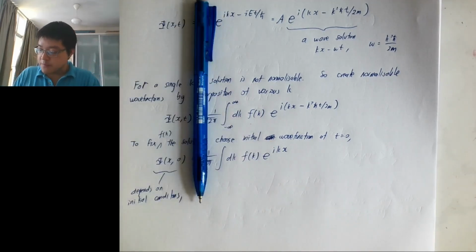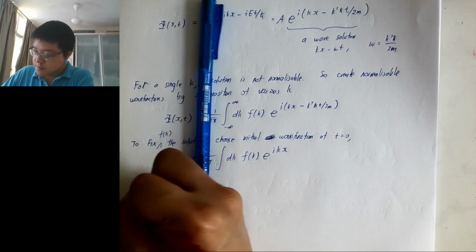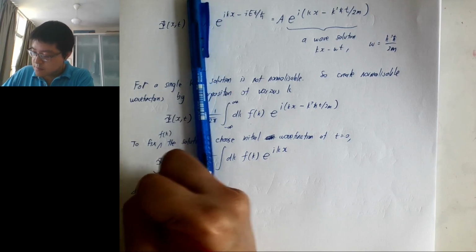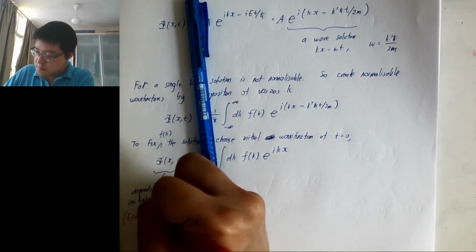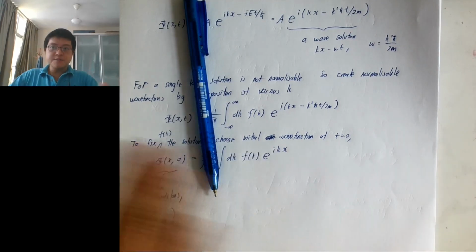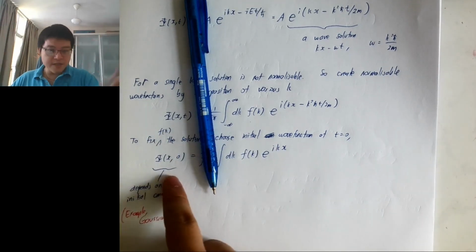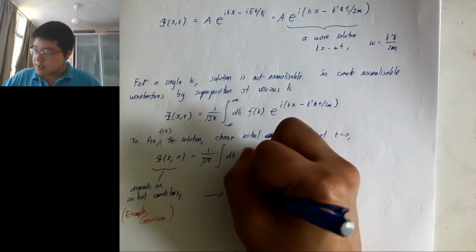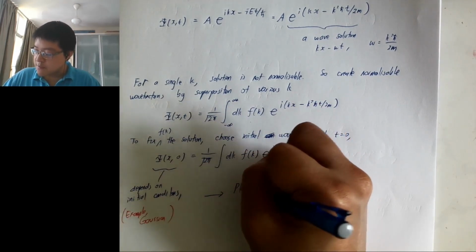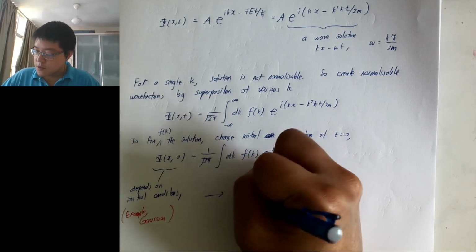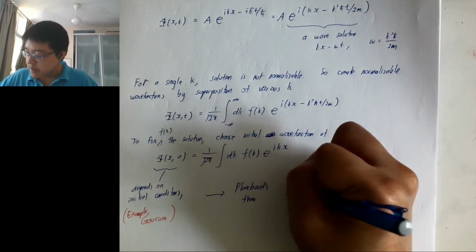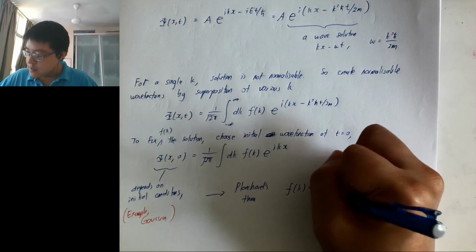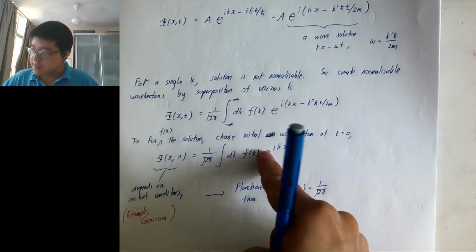Our example is Gaussian. If my probability distribution is initially some Gaussian, then we will use Plancherel's theorem to identify what my f(k) is.